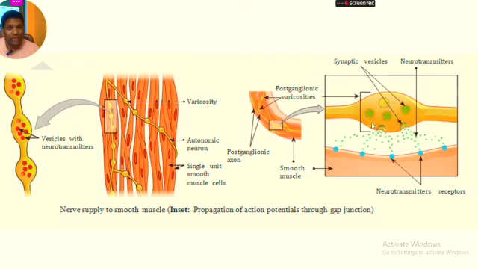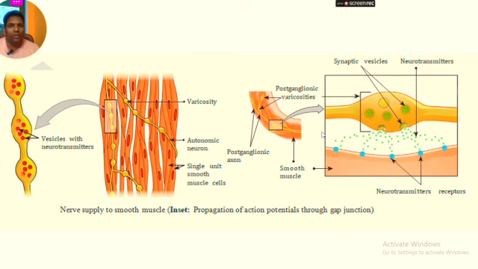This is how the action potential is propagated through the receptor. Gap junctions also occur. Through gap junctions, the action potential goes very fast, in a rapid manner, so the muscle contracts like a unit, a functional syncytium. Thus the smooth muscle fiber shows that property.